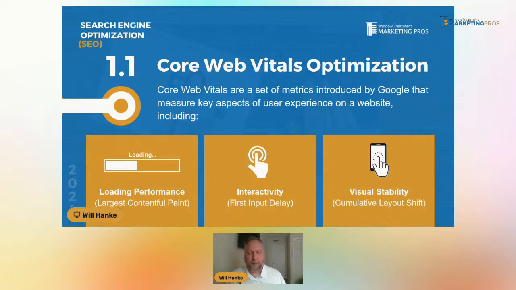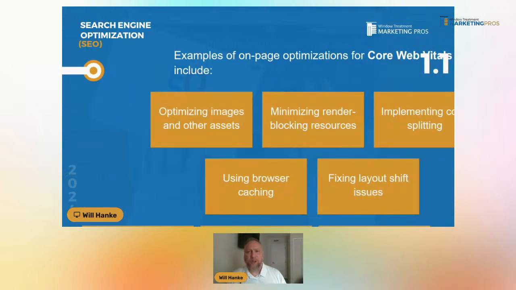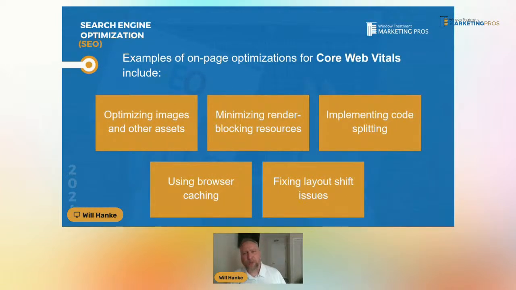We'll talk about that in a minute here. But these are things like how fast your website loads, how quick somebody can interact with your site, how does the layout look? Does it change as you use different devices? Things of that sort. There's a lot of pieces that go into core web vitals, and I'm not going to go through all of these individually because it would take a long time.